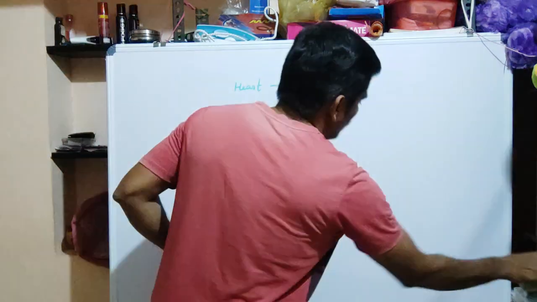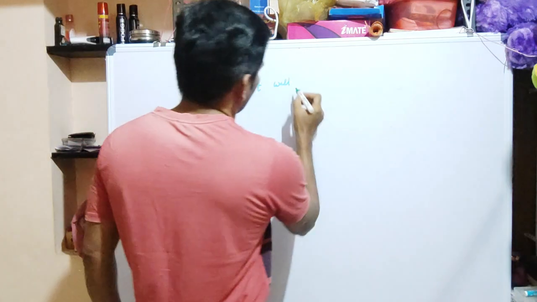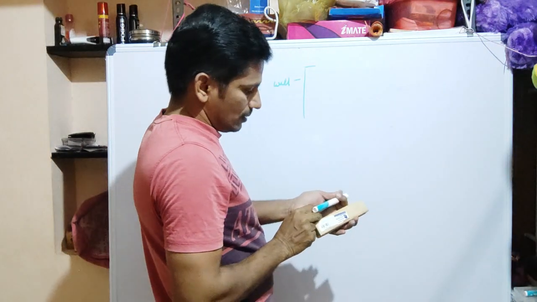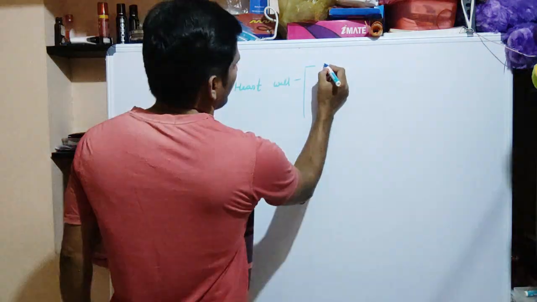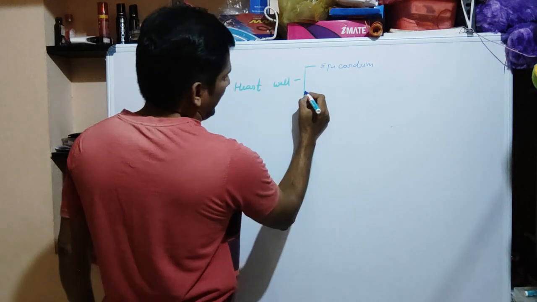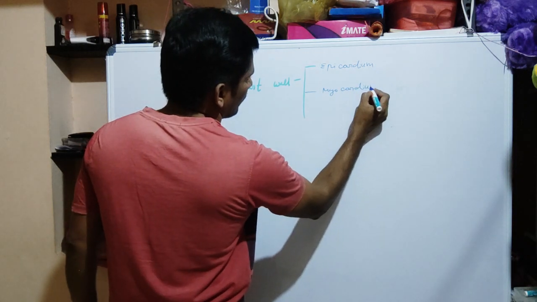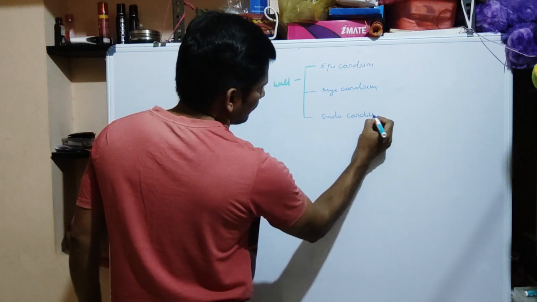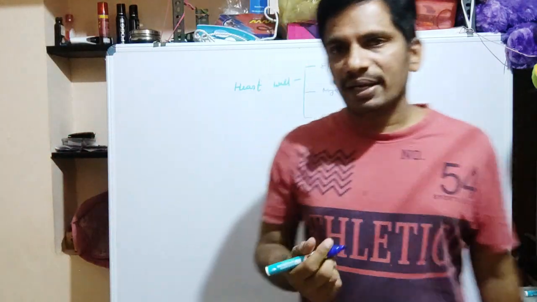The outermost layer is the epicardium, the middle one is the myocardium, and the inner one is the endocardium. Got it? Epicardium, myocardium and endocardium.